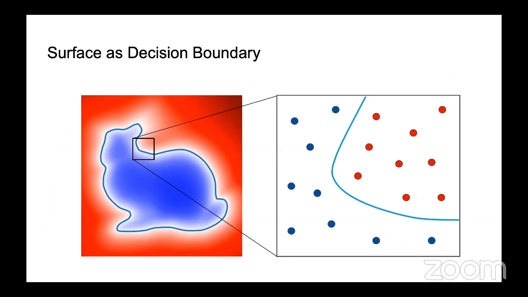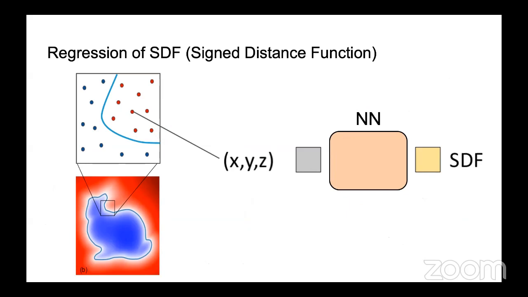Instead, we take a fundamentally different approach, which is to describe the 3D surface as a decision boundary of a neural network. The key idea is to directly regress a continuous SDF with a fully connected neural network. Specifically, this neural network takes an XYZ position as input and outputs the SDF for that point.